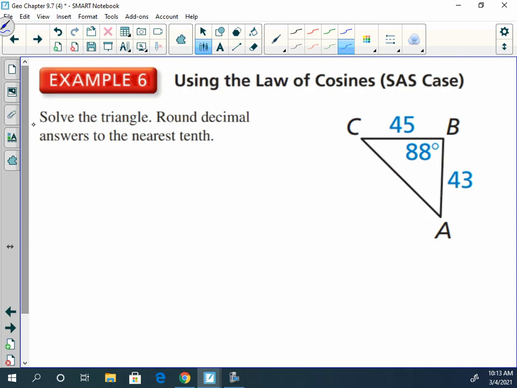Now law of sines is useful if I'm given side-side angle, or angle side angle, or angle, angle, side. Because with any of these, we would have two angles and a side opposite one of them, and we can find the others.